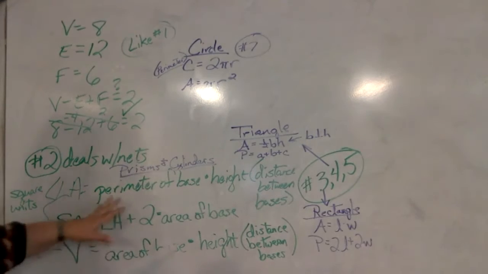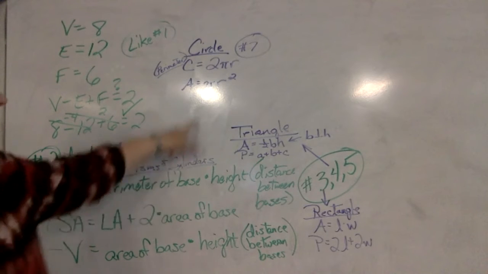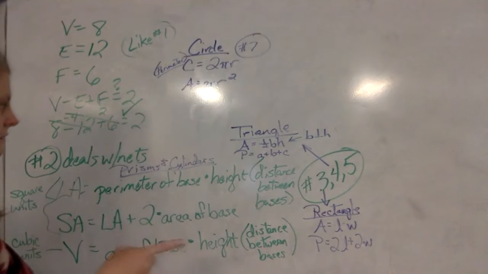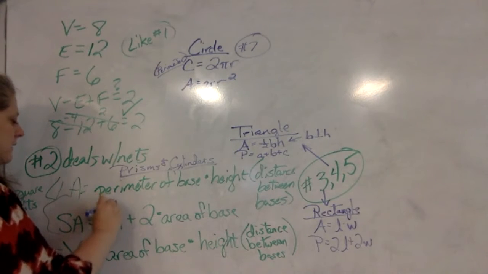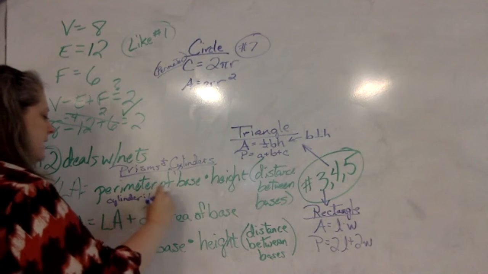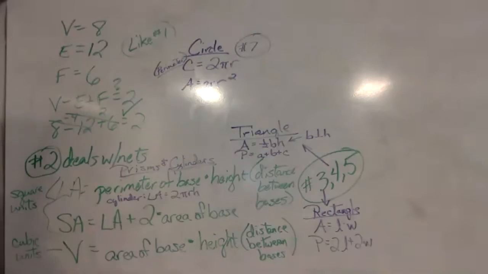The thing is, when I'm doing the cylinder, to find the perimeter of my base, I'm going to use this formula. So for a cylinder, lateral area is equal to 2 pi r times the height.